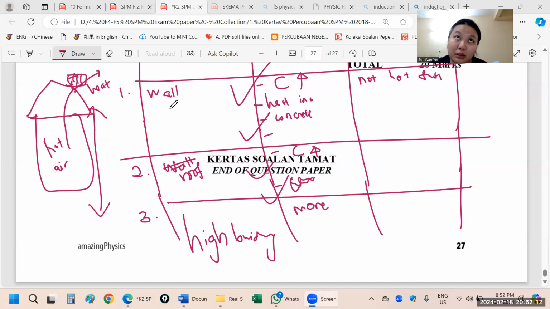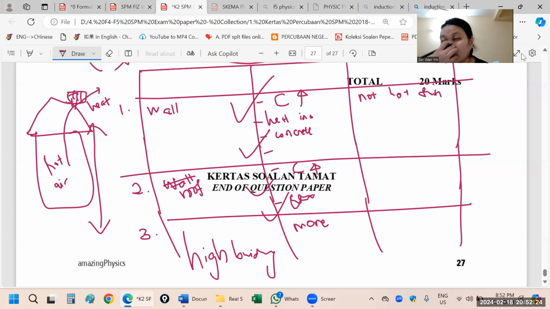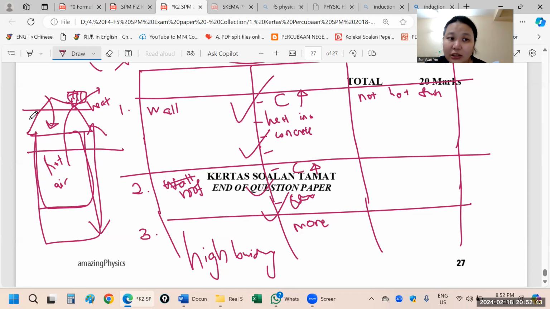Maybe high ceiling, but one layer is not enough. When I asked this, they were also not sure, but I guess with only one floor your ceiling might not be high enough, so you cannot reduce heat. But if you have a higher building, the hot air will stay up here. At least you have one layer to prevent the heat going down. So they only accept high building.